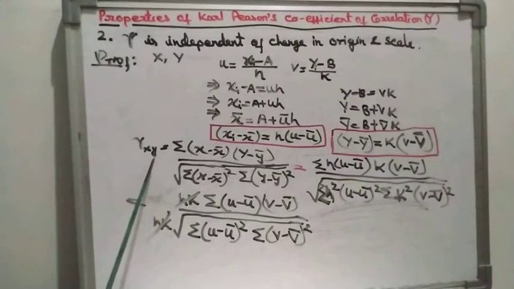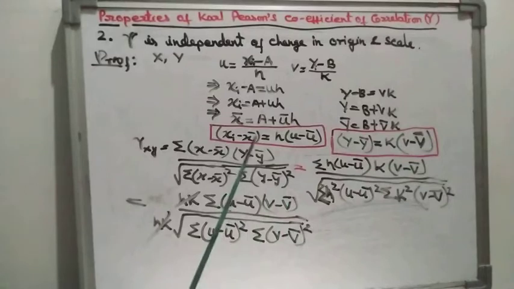This is in Rxy form, summation of x minus x bar, y minus y bar, over x minus x bar square, y minus y bar square. So this formula is also the same, just in place of x it is u, in place of y it is v. So there is no change in the formula, because whatever we get is cancelled. So again we get the same form in this way.